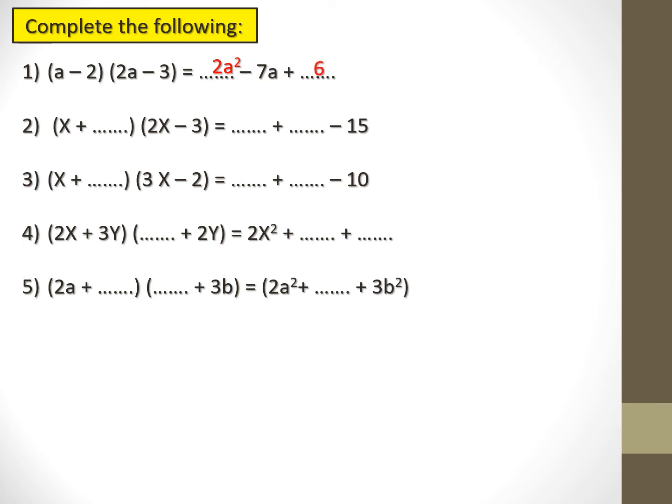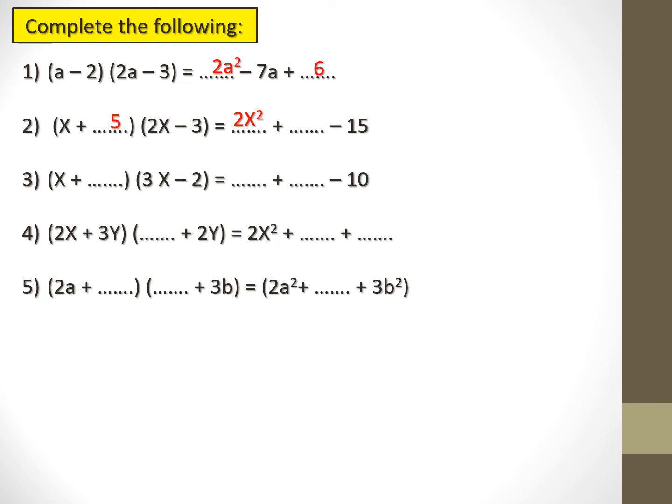Number 2, x plus space times 2x minus 3. We will find the first term. The first term is the product of x times 2x equals 2x power 2. We can find the second term of the first bracket. What times negative 3 equals negative 15? It will be 5. 5 times negative 3 equals negative 15.